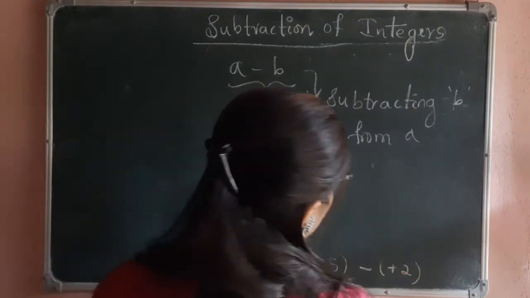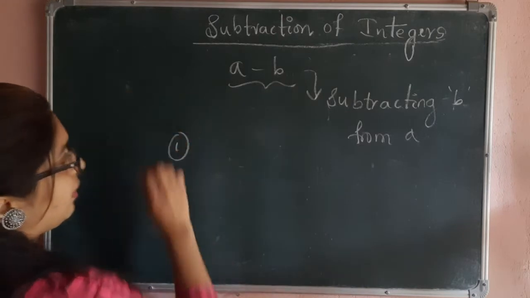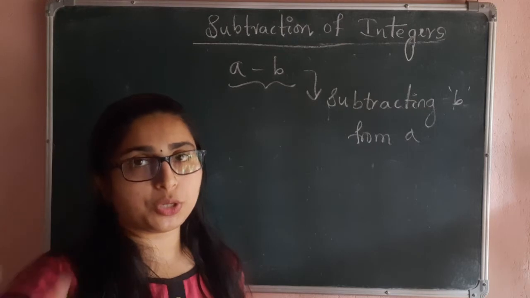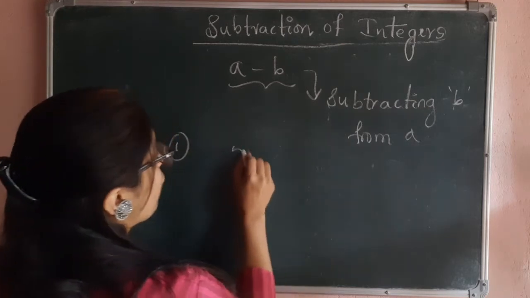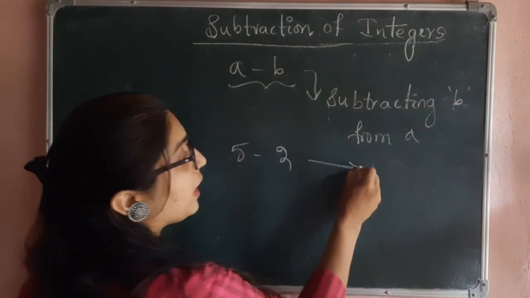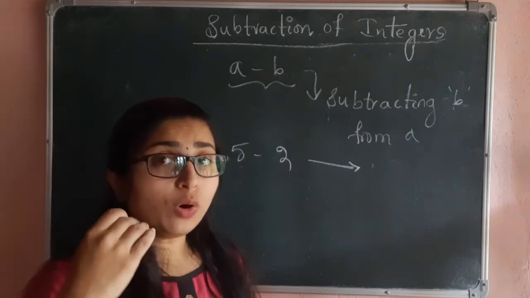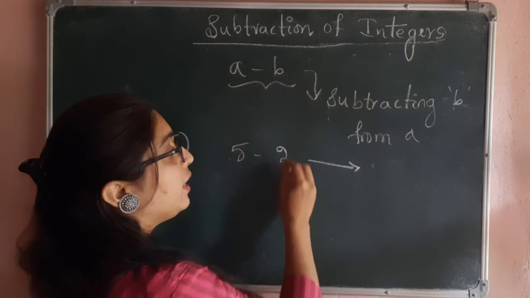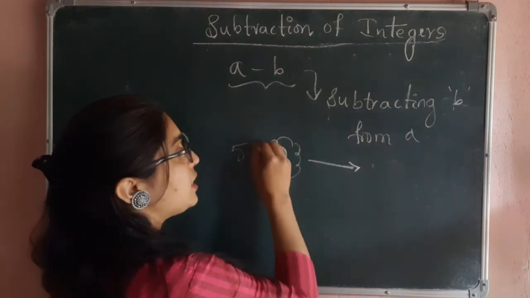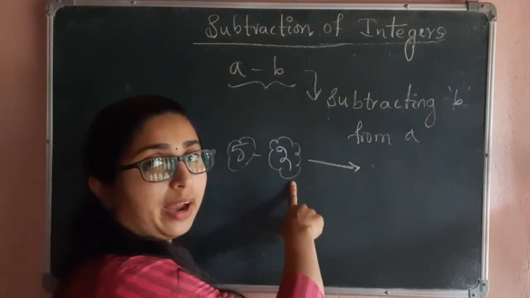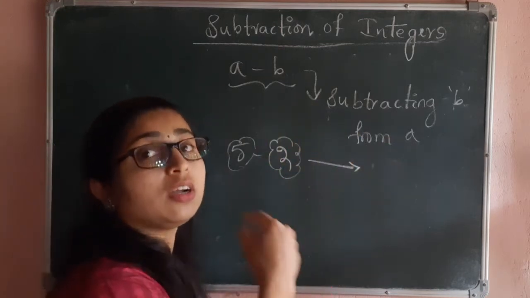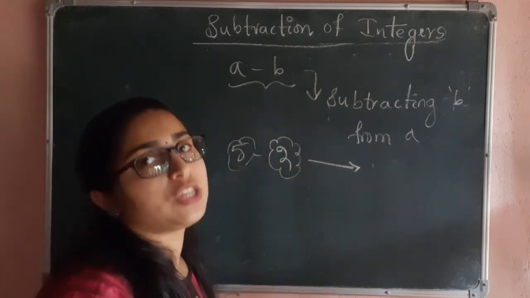One easy method to solve subtraction is converting subtraction to addition. That means 5 minus 2 will be converted to addition. While converting this to addition, keep in mind that this is the minuend and this is the subtrahend. The sign of the subtrahend changes.